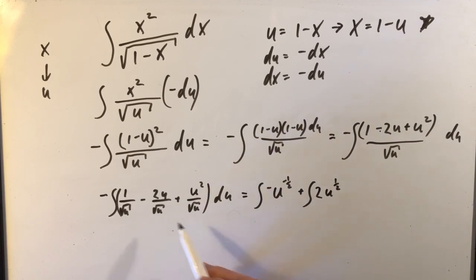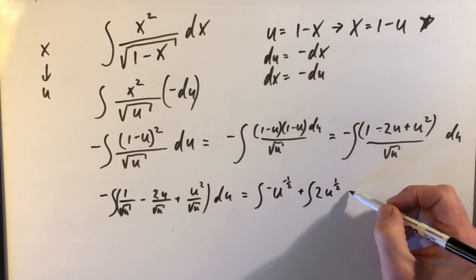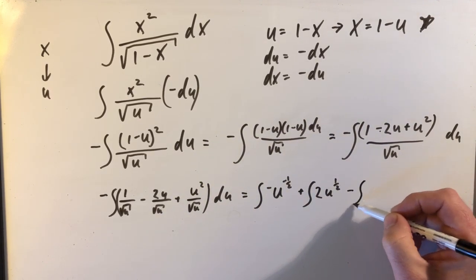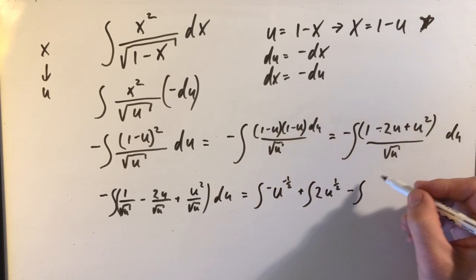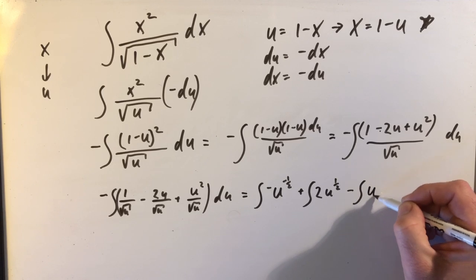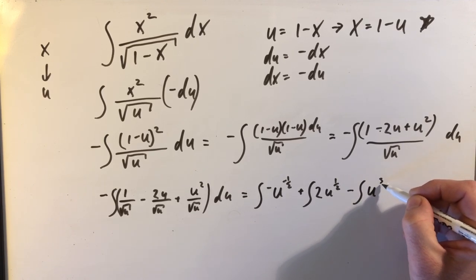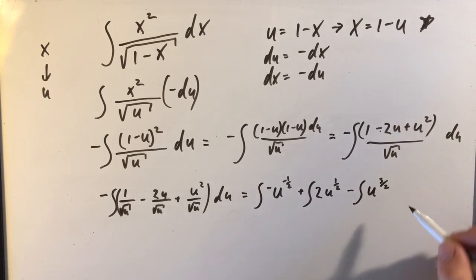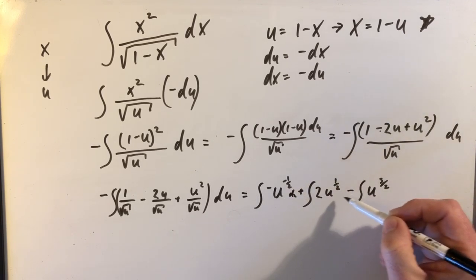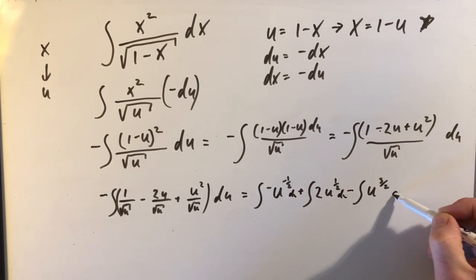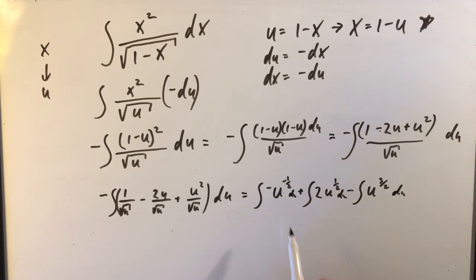Okay, hopefully you understood what I just did there. And then it's going to be minus the integral. I have u to the 2, so it's going to be u to the 3/2 there. And I forgot all my du, du, du. So I can integrate that, and that.